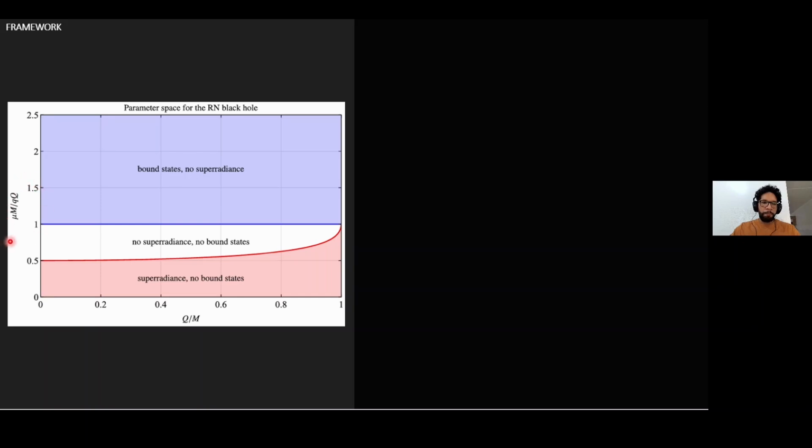Here we show the mass coupling to charge coupling ratio as a function of the charge to mass ratio of the black hole. And the solid red line represents the superradiance threshold, and this blue solid line represents the attraction-repulsion threshold. That is, above these thresholds, bound states can form, and below the threshold, bound states cannot be formed.